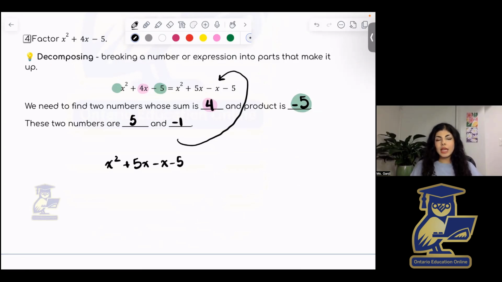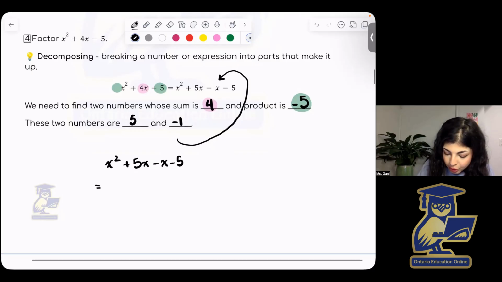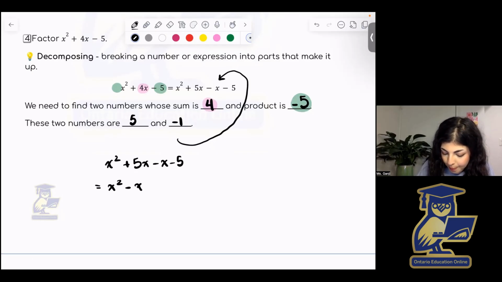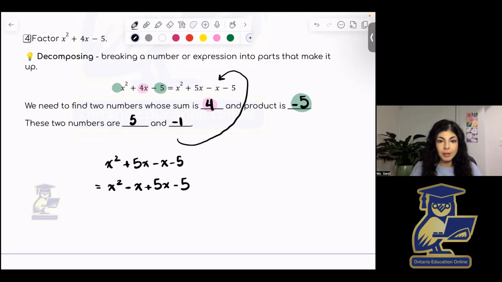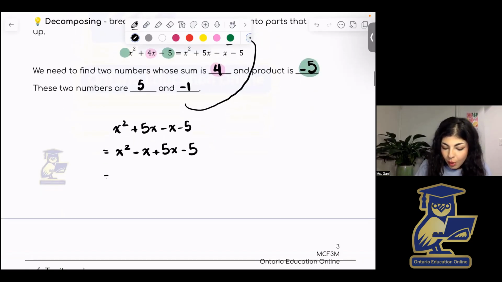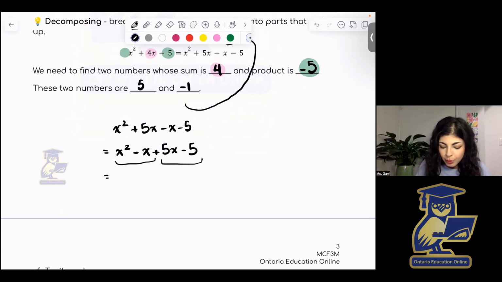So here we can see that I don't right away have a grouping, but I do see two of my terms have 5s. So I want to rearrange a little bit, and I'll actually write it this way. And this is the same expression. Now, these first two terms have something in common, and so do these two. So we will factor.